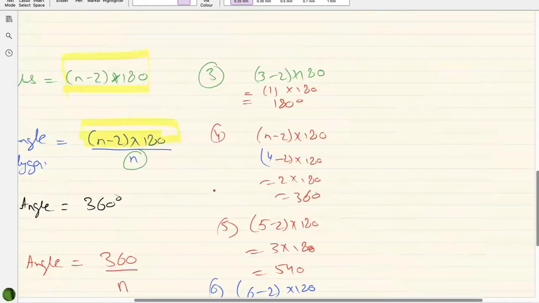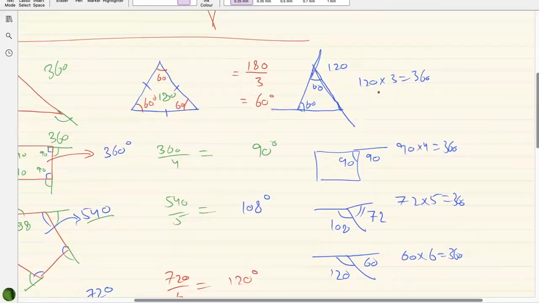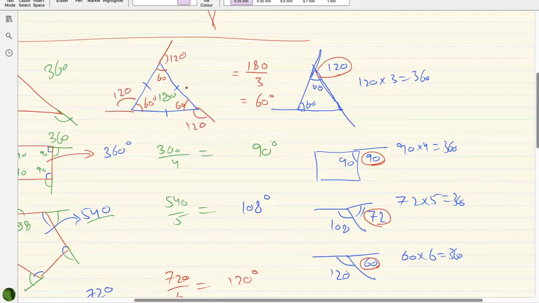I'm taking it back. You see, these were our exterior angles. This is 120. This is 90. This is 72. This is 60. The angle outside the closed shape is known as exterior angle. 120, 120 again, 120 the third time.